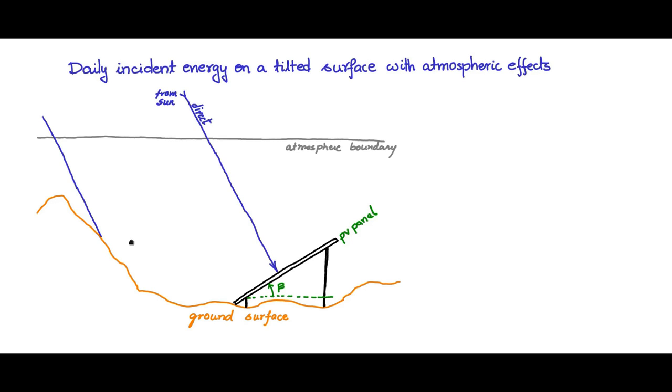What happens after it falls on the ground is that it gets reflected in multiple directions, and this reflected radiation can also go and fall on the flat plate collector and affect the amount of collected energy at the panel. Now this ground reflected radiation is called albedo. The term albedo is used for ground reflected radiation.